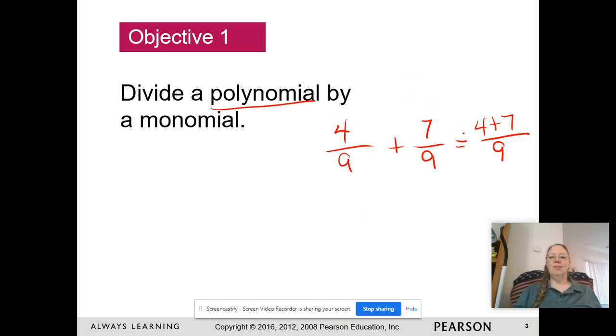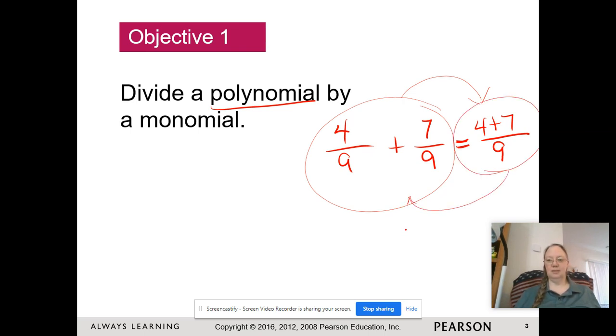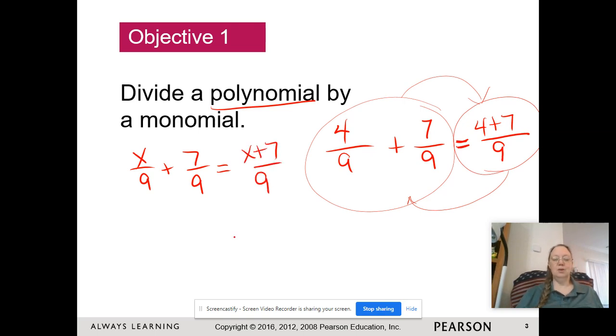Now, because these are equal to each other, I can go from this side to that side, or from that side to this side. I can go in either direction. So if I had x over 9 plus 7 over 9, I could write that as x plus 7 over 9.